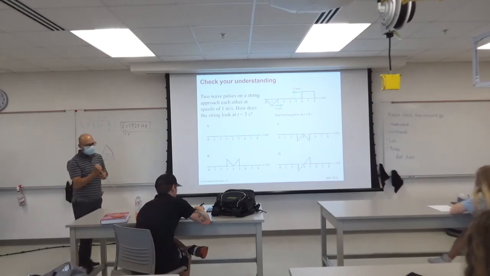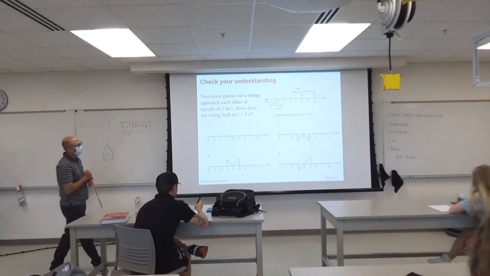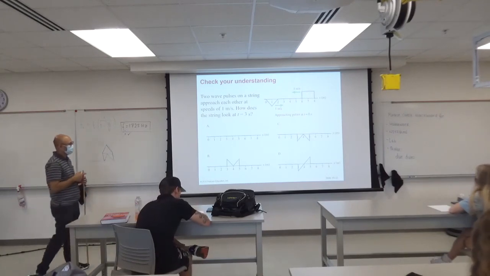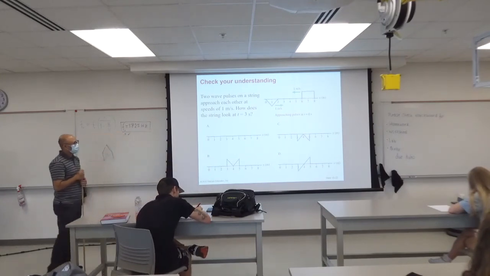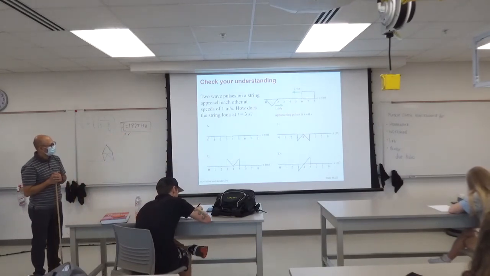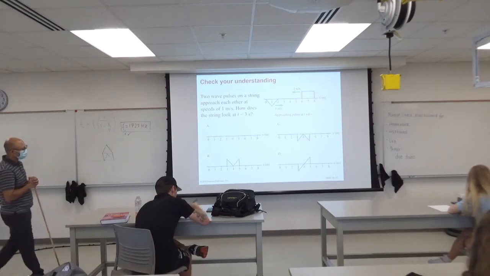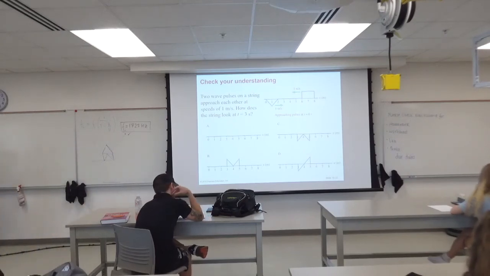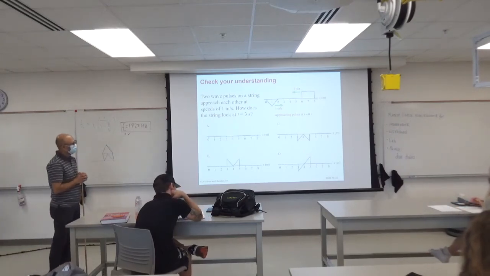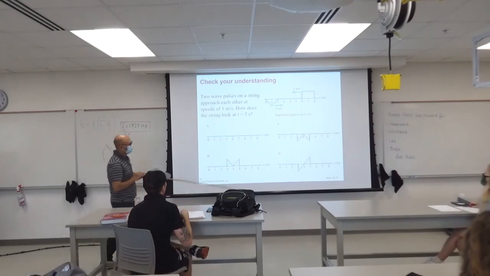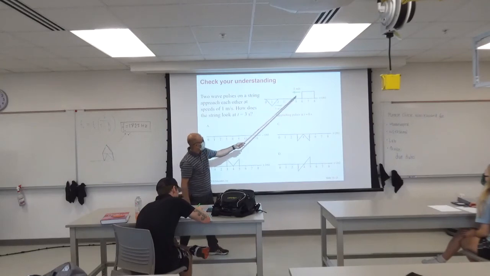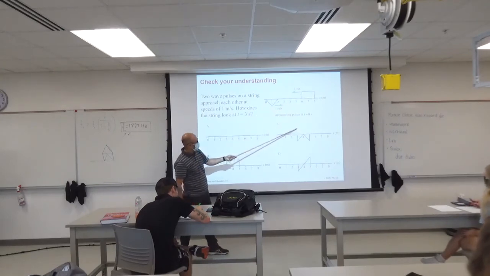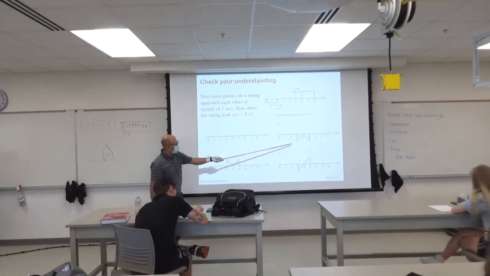So I can eliminate A. A is not right because they are not exactly the same. So in order for you to get a straight medium, they need to cancel exactly at the same point. So they need to have the same shape. And I can eliminate C also, because when you subtract this part from that, the resultant would be a positive number, not negative. So you have everything negative here.